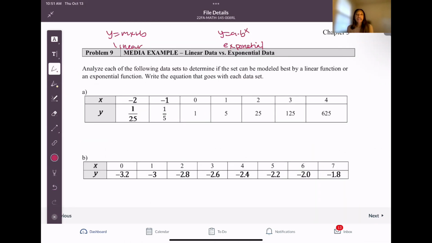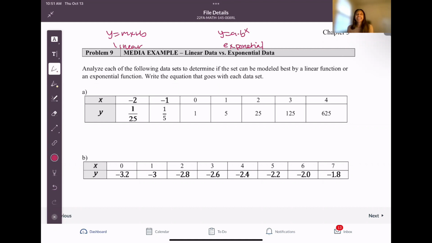For problem number 9, we're given 2 sets of data, and we have to determine whether or not the data is linear or exponential. How can we do this? Well, if it's linear, we would be adding a number to get to the next output. If it was exponential, we would be multiplying. For both of them, we don't know which is which.